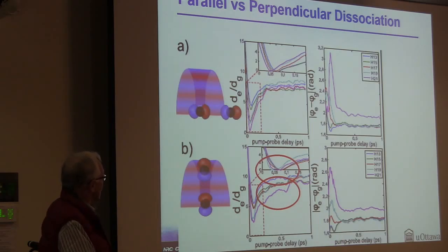The amplitude of the transition moment from the excited state as a function of time relative to the fixed ground state, just to make it clear. And also the phase of the transition moment as a function of time minus the phase of the ground state transition moment. So that's what we have available to us.